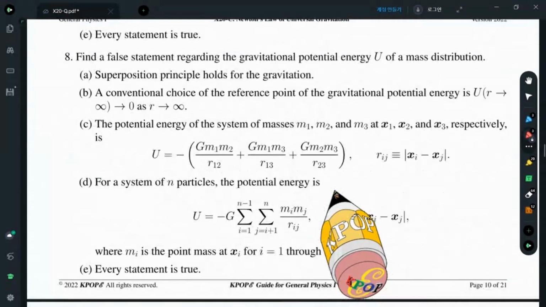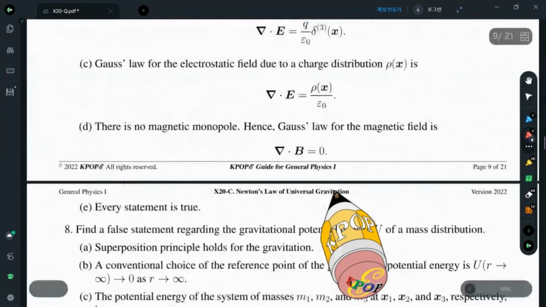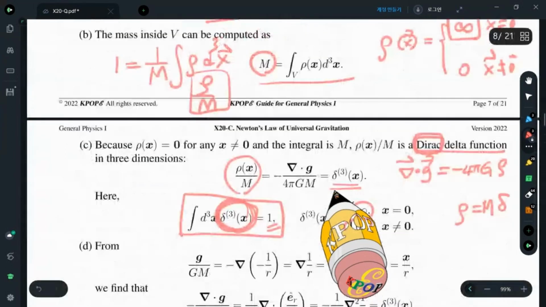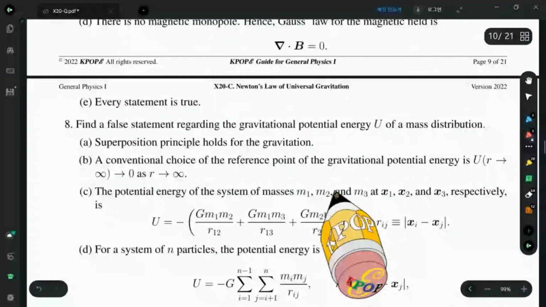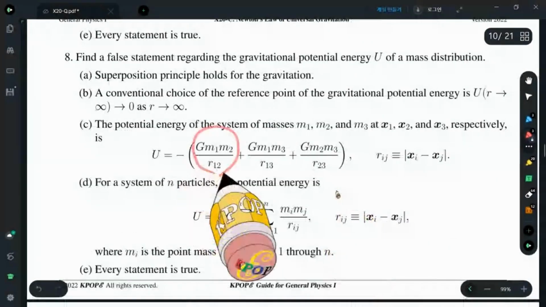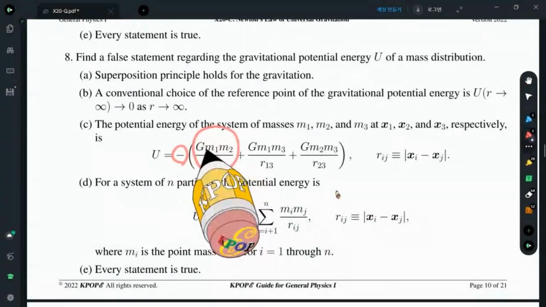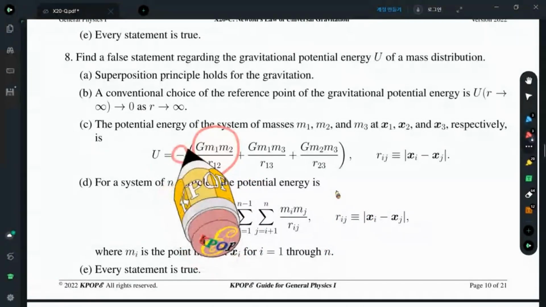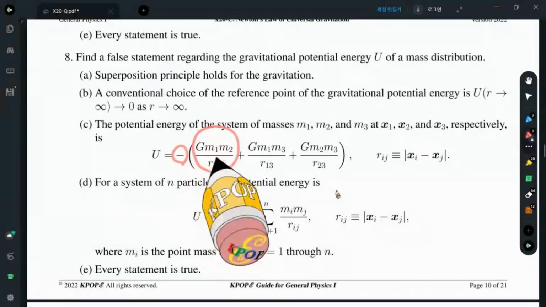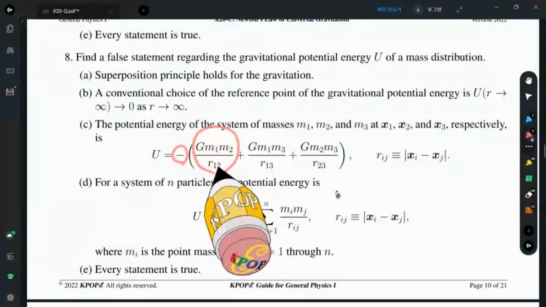Number 8, the gravitational potential energy for a system of particles can be constructed by making use of the gravitational potential energy of the two-body system. If there were two bodies, the product of the masses multiplied by the gravitational constant, with a negative sign, divided by the distance between the two particles.